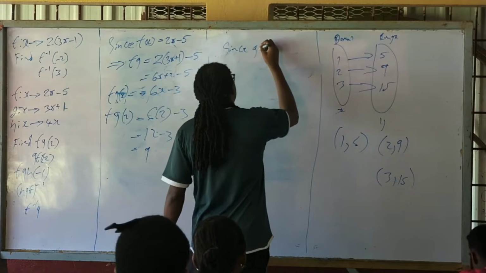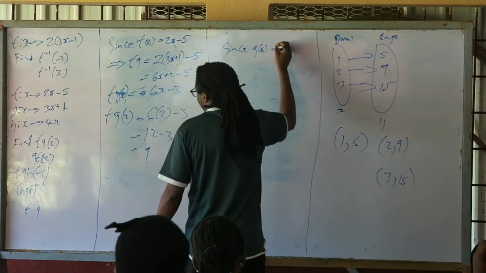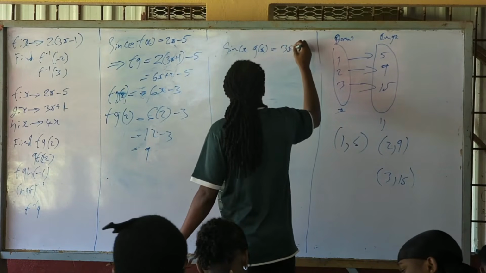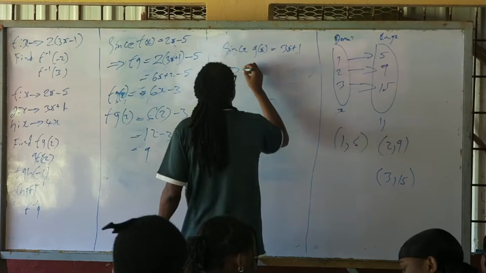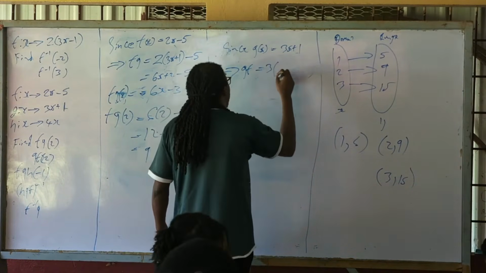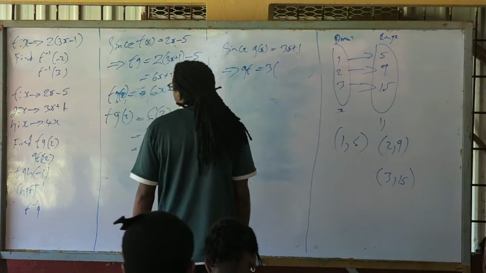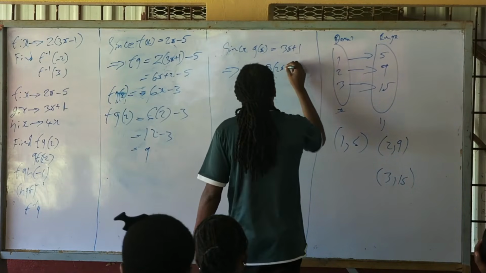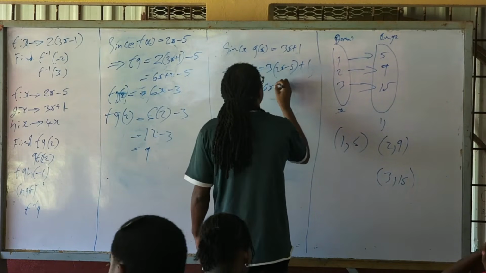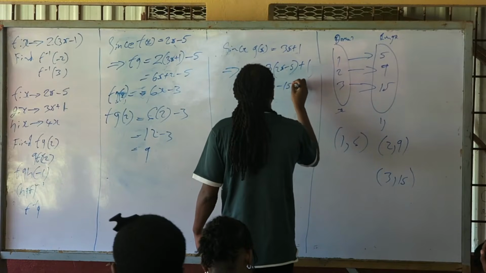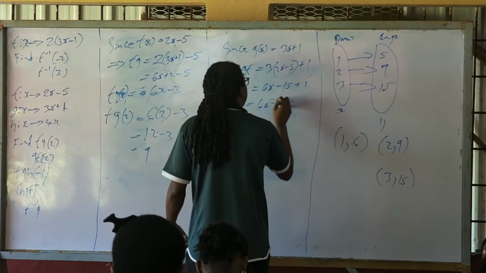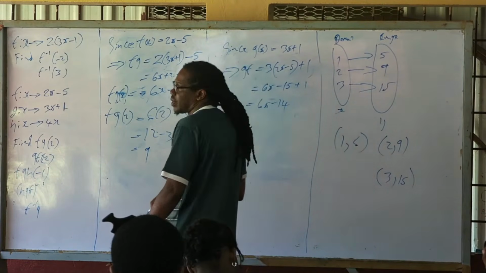Since g of x is equal to 3x plus 1, it implies that g of f is equal to 3 bracket, what's f? 2x minus 5, plus 1, equal to 6x minus 15 plus 1, equal to 6x minus 14. Everybody see that?